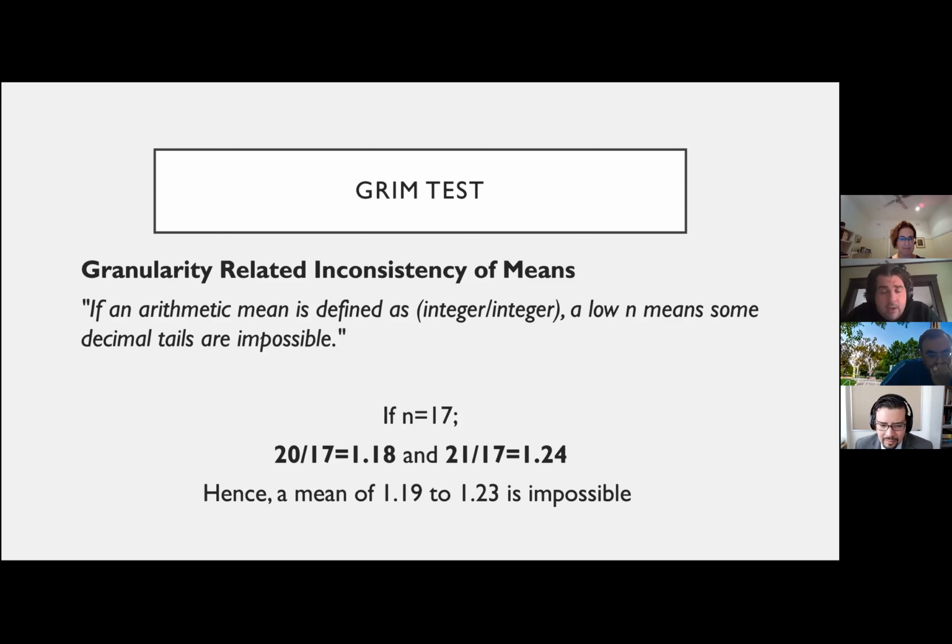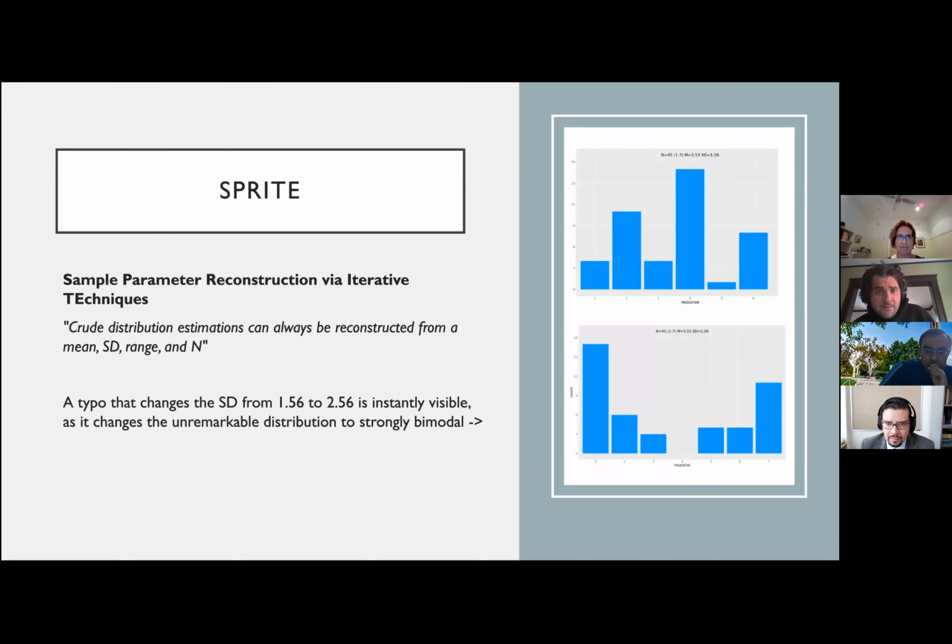This works obviously very well at the low end because there's lots of gaps between the individual decimals. And then as the sample size starts to get larger, there are some interesting interrelationships between that. Let's not do the maths, let's keep going. So I told you it was going to be simple, that's simple. Okay, he said immediately moving to a slightly more complicated one. SPRITE is sample parameter reconstruction via iterative techniques.